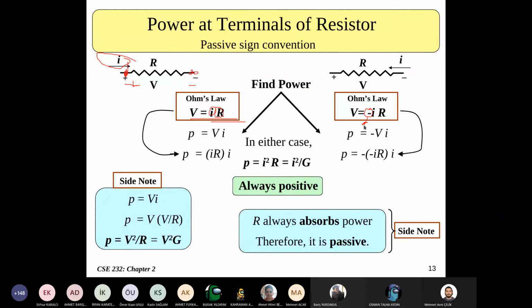The strange thing here is that power is also calculated using the potential required to move those electrons and the current generated.